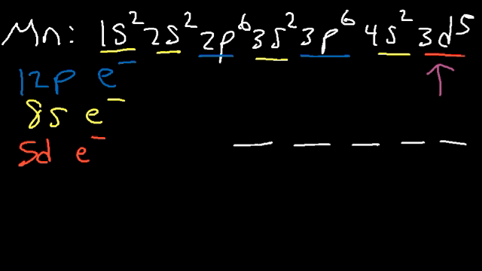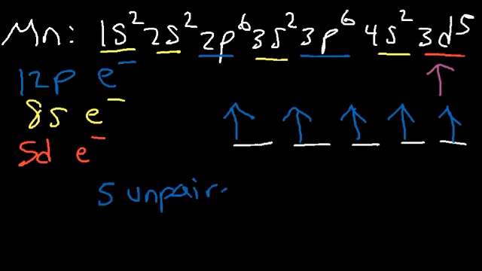So according to Hund's rule, whenever we have degenerate orbitals, that is orbitals with the same energy, we need to add electrons one at a time to each orbital with parallel spins. So this is going to be 1, 2, 3, 4, 5. So therefore manganese has 5 unpaired electrons. Because it has a lot of unpaired electrons, it's going to be paramagnetic.